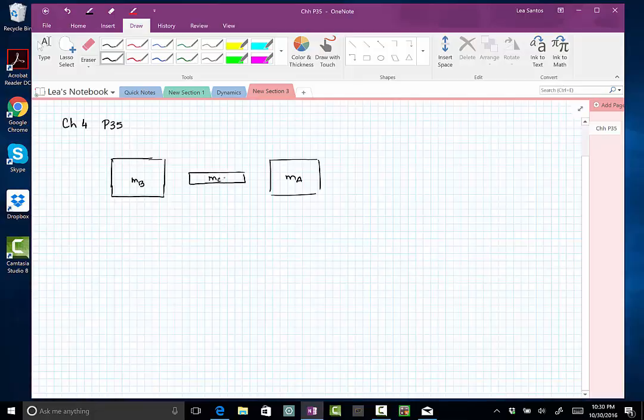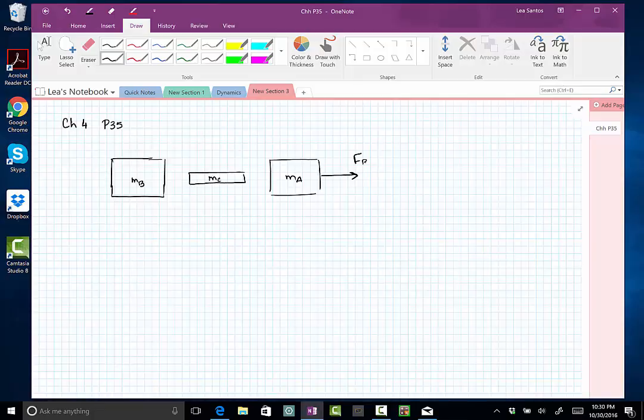Okay, and we are going to pull the system. Here is the force that we are using to pull it, and we want to know what is the acceleration. So calculate the acceleration of each box and the tension at each end of the cord using the free body diagram. Okay. This is a frictionless surface, so this is good.